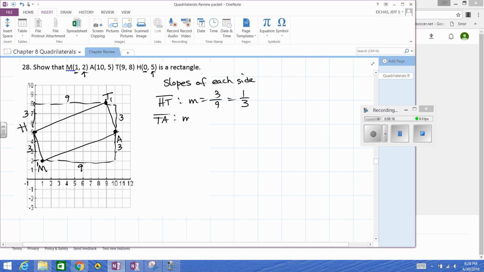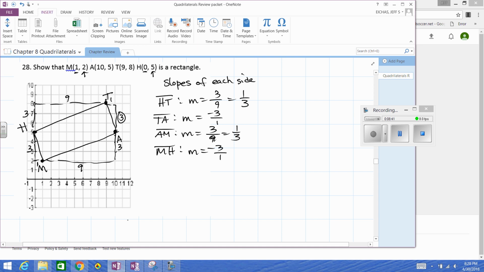TA is -3/1. No reducing, right? The rise is 3, the run is 1, and it's going down. All right, AM, 3/9 again, reduces to 1/3, and M to H, yeah, that's 3/1 with a negative, though.